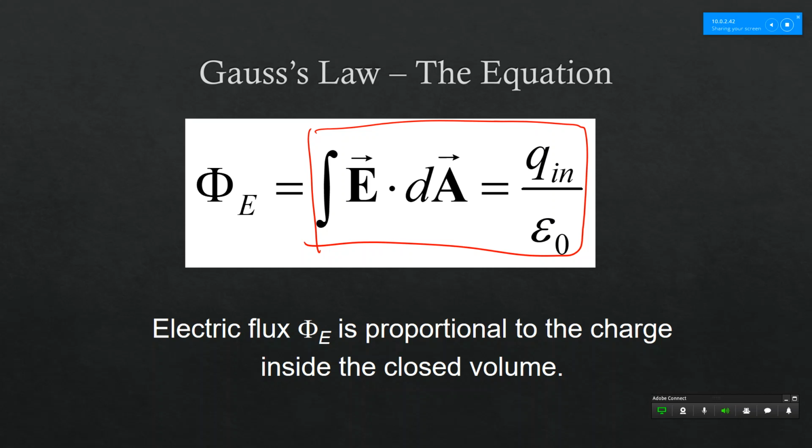But it's also proportional, and I'm not going to prove this to you, though there are YouTube videos that you can go to if you want to see the proof, that the charge inside this Gaussian surface divided by some constant epsilon naught will also give you that same flux. Okay, so let me just define what epsilon naught is for you guys. So epsilon naught is a constant, 8.85 times 10 to the negative 12. Can't remember the units. You can look that up.